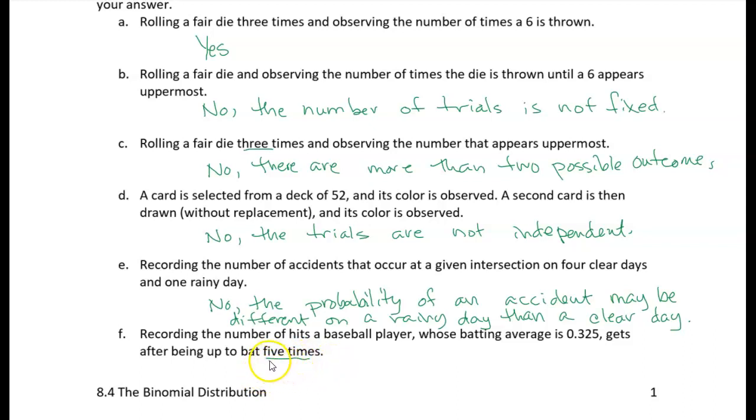Yes, we have 5 times at bat, so the number of trials is fixed. And the next one is, are there 2 possible outcomes for each trial? Well, every time this player is at bat, he's either going to get a hit or not. So I would say yes, there are 2 possible outcomes.